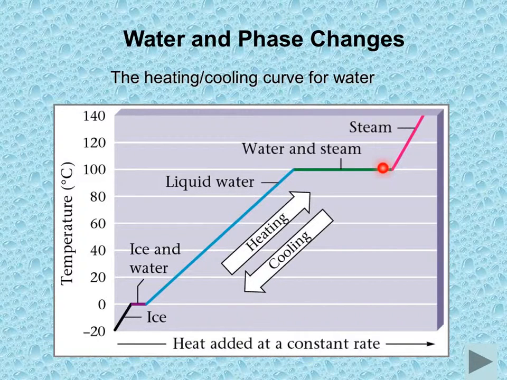At 100 degrees, the steam will be condensing to form water. Once all of the steam is condensed and is in the liquid state, the temperature will begin to drop again until we reach the freezing point, at which the liquid water will be converted into solid ice. Once all of the liquid is solid, the temperature will begin to drop again.